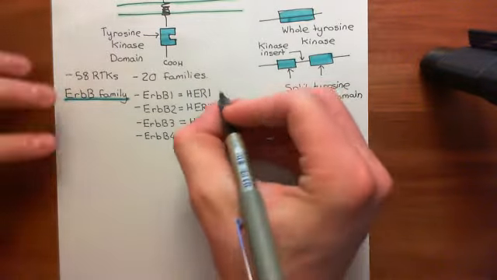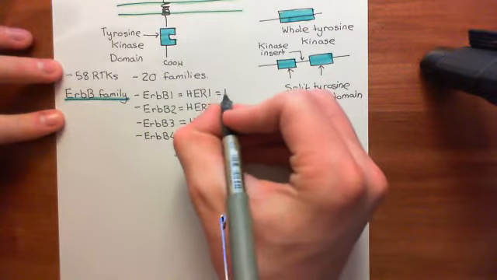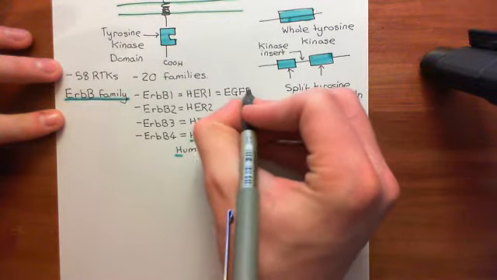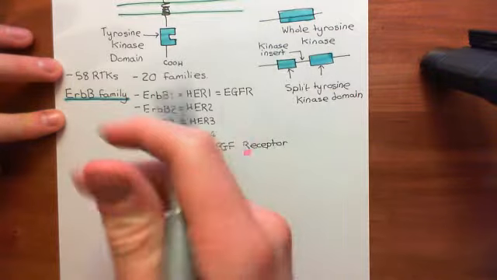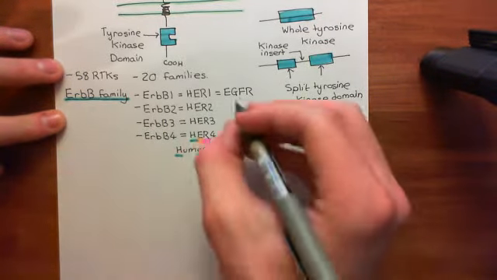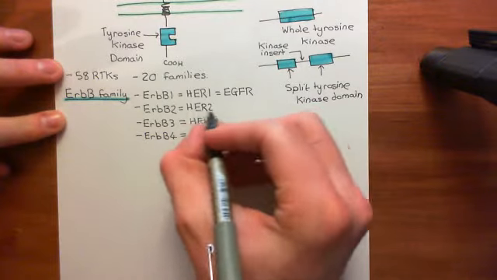Now, the ERB-B1 or HER1 receptor also has another name. It's also known as the epidermal growth factor receptor, so it's the one with the highest ranking basically, but HER2 is also very important.